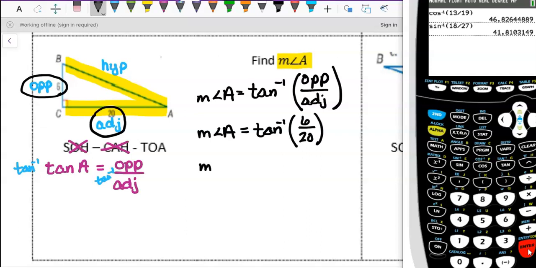Now we just use our calculator to find the information we need. Oops, I don't need to write that down. We're putting it in the calculator. So the second tangent of 6 divided by 20 equals. This time our angle was 17 degrees.